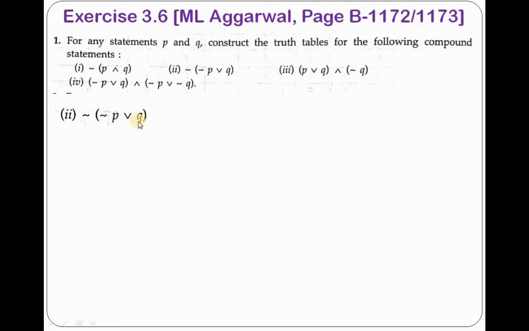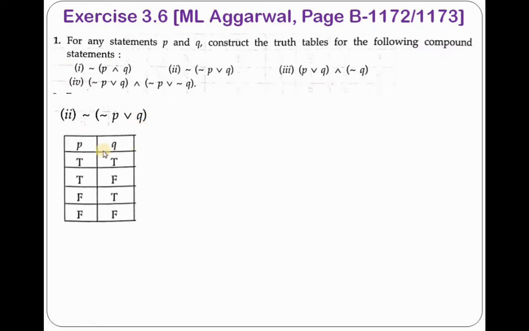So let me first draw P and Q. First and foremost you have to remember this: first put TT, then TF, then FT, then FF. Now as I said, we need to solve whatever is inside the bracket. So we have negation P first.